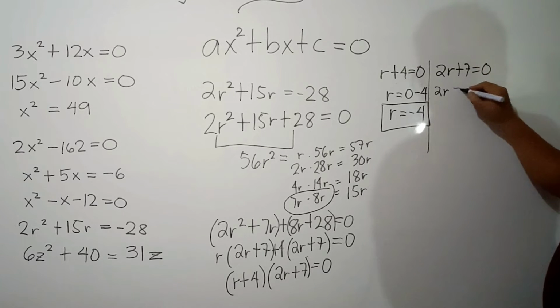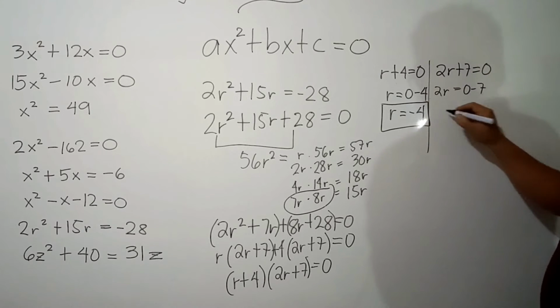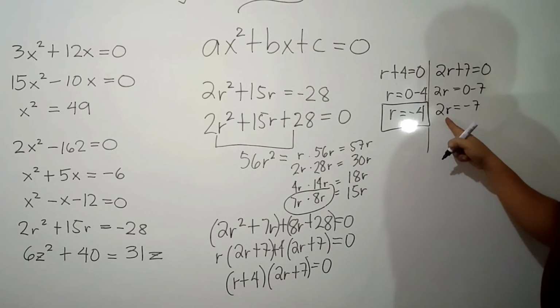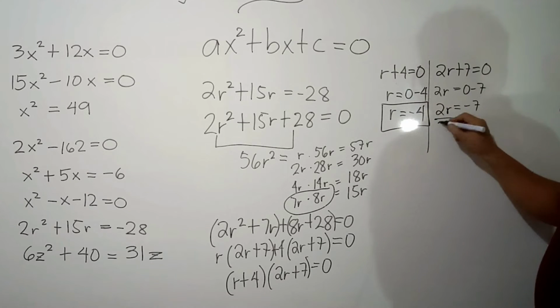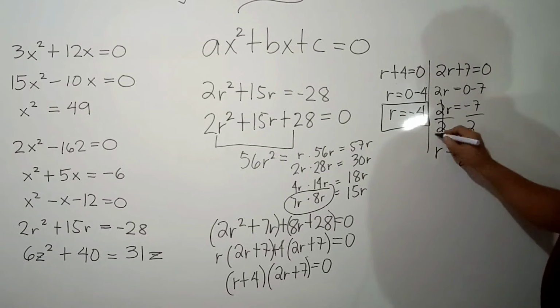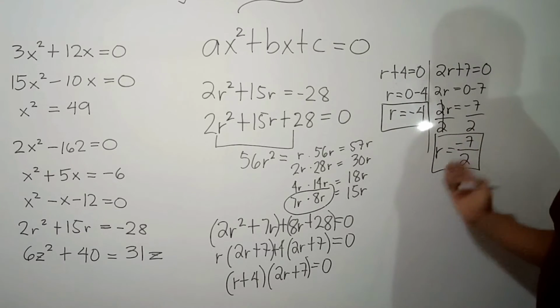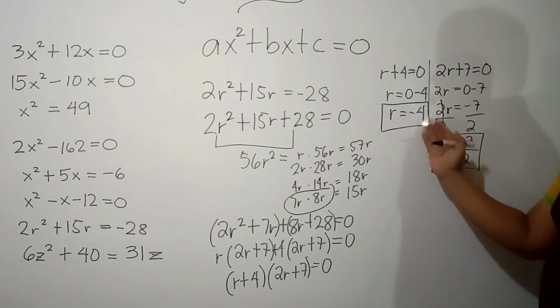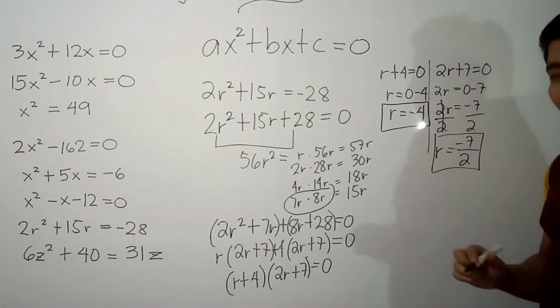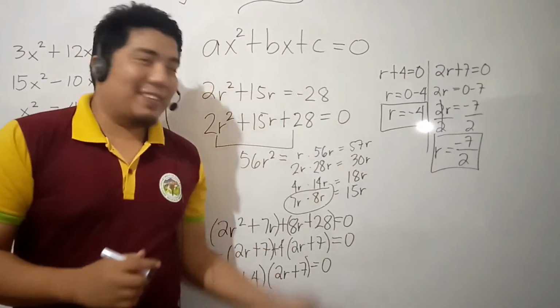Transposing plus 7, this will give us 0 minus 7, so 2r is equal to negative 7. Not yet isolated, so we divide both sides by 2, cancel. r is equal to negative 7 over 2. And that is the final answer for our r's. We have r is equal to negative 4 and r is equal to negative 7 over 2.